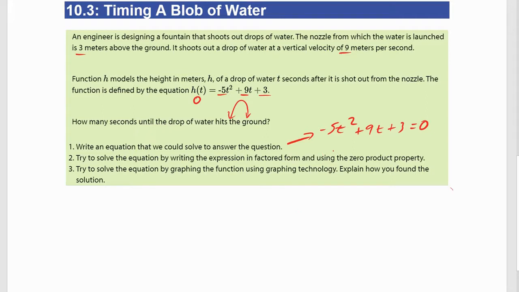So let's think. -5t squared. What makes up 9t? What about 5t plus 4t? That doesn't work because if you do that, yeah, it adds up to 9, but you can't factor with the 3 over there.